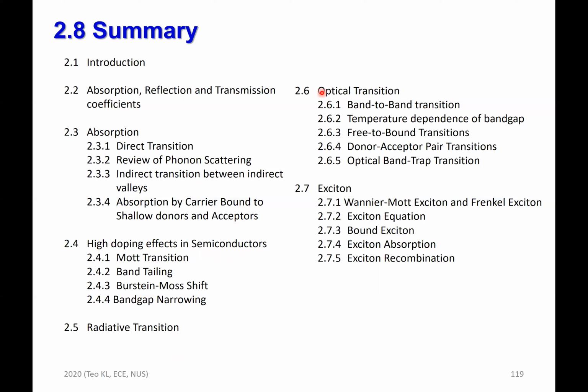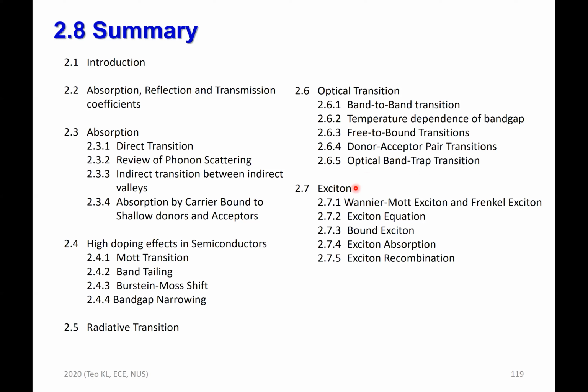In optical transition, we talk about band-to-band transition, free-to-bound transition and donor-acceptor pair transition, and also optical band gap transition. And we also mentioned that the band gap depends on the temperature. The lower the temperature, the higher the band gap energy.